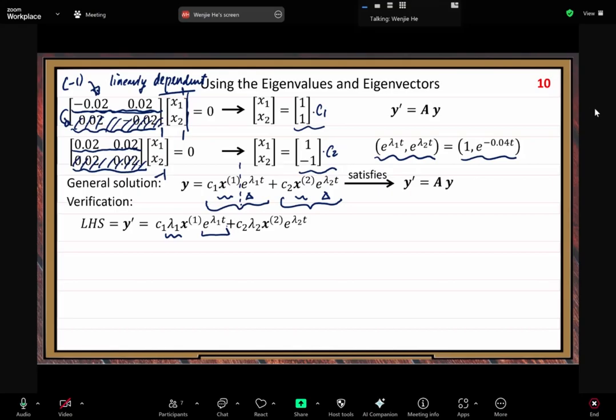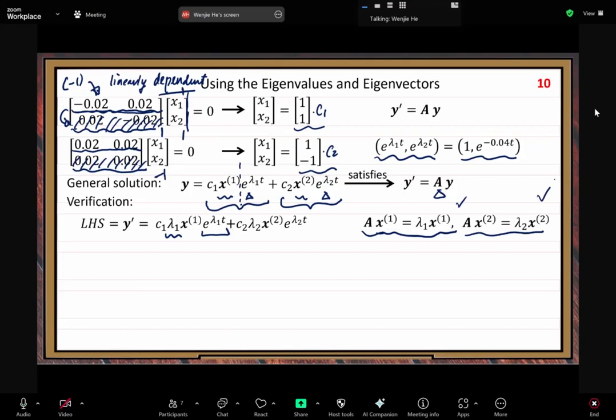Then let's calculate the right-hand side. The matrix A times the general solution expression y. Because we find our first eigenvector from one equation and the second eigenvector from another equation, when you multiply this A matrix, we need to use these two equations.